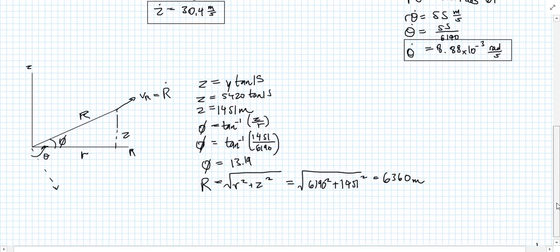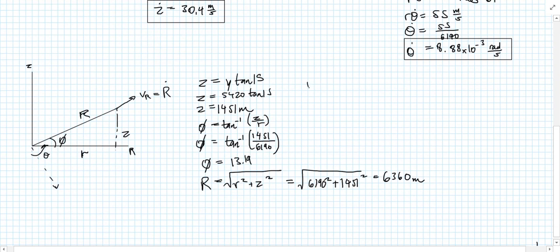And now we're going to say that VR is equal to R dot, which is, okay, this is where the hard part comes in. So we got this, we're going to draw this up here. We want to say that this is phi. And we know this guy, this is VZ, and we know this guy going out.